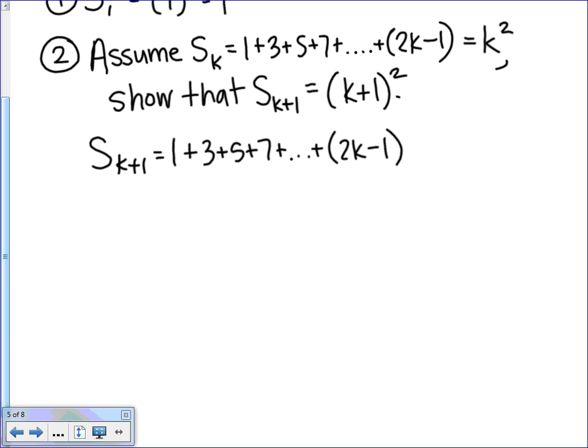So that I can prove the truth of the next term. So I have to add the next term, where I would do, and I'm going to do a little bit of work up here, 2 times k plus 1 minus 1, which if I distribute, that's 2k plus 2 minus 1, or 2k plus 1.